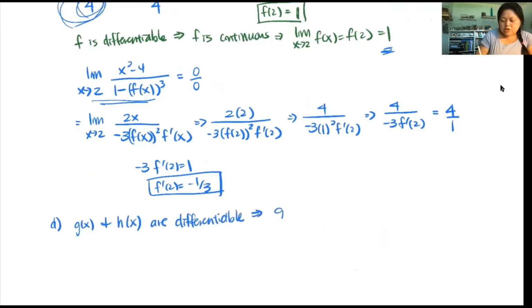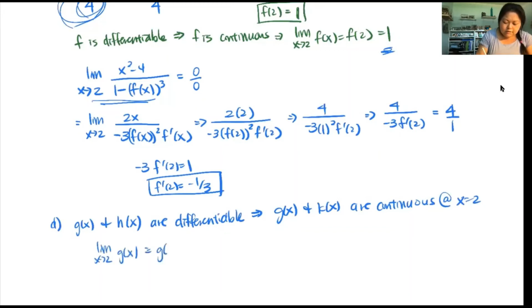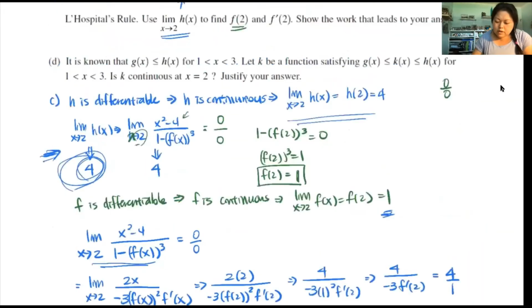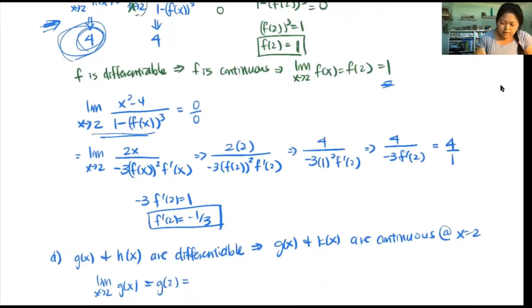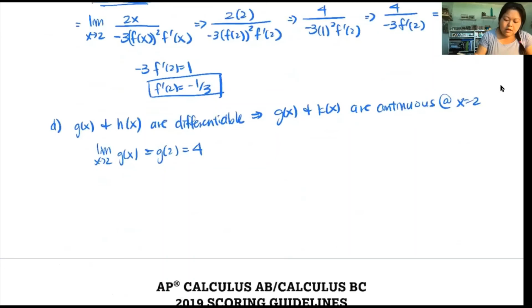What that means then is g of x and h of x are continuous at x equals 2. So what does that mean? It is defined then that the limit as x approaches 2 of g of x is equal to g of 2, which I know in the beginning it says g of 2 is equal to 4. And then same thing, the limit as x approaches 2 of h of x is equal to h of 2.